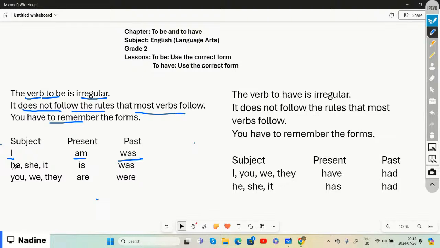And then if we have our subject, which is either he, she, or it, then our present tense form will be is. So we will say he is, she is, it is.